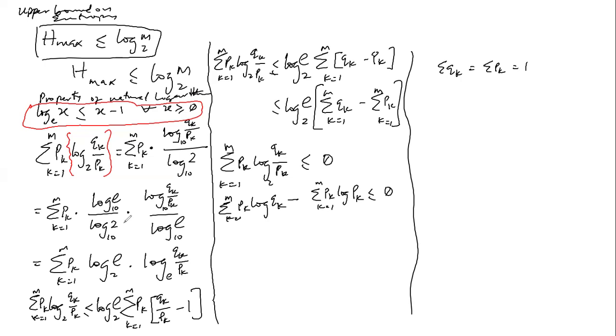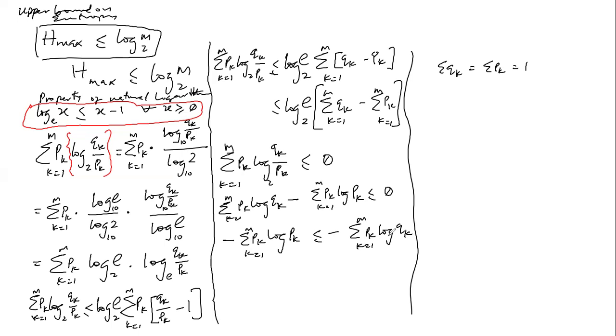It is. Now, so it means that if we move this to the other side, we have negative sigma pk log pk, k equal to 1 to m, is less than or equal to negative sigma k equal to 1 to m pk log qk.